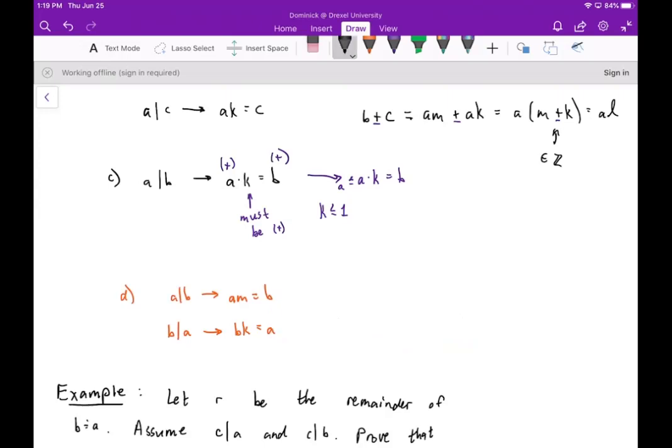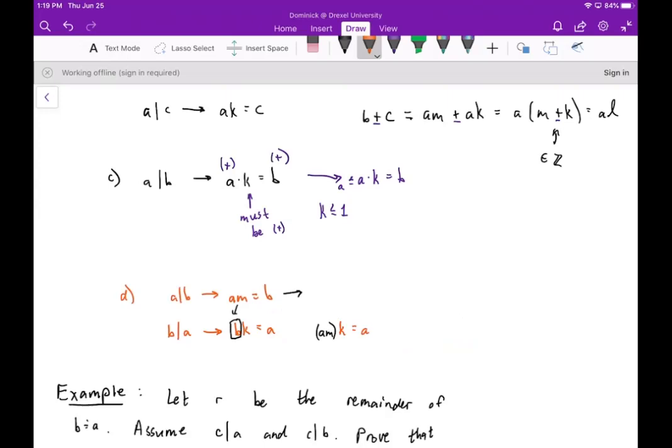Okay, just to be a little bit more clear. Let's take this first equation, and we have AM is equal to B, and I'm going to substitute this B for this AM right here. So that's going to give me AM times K is equal to A. Right?